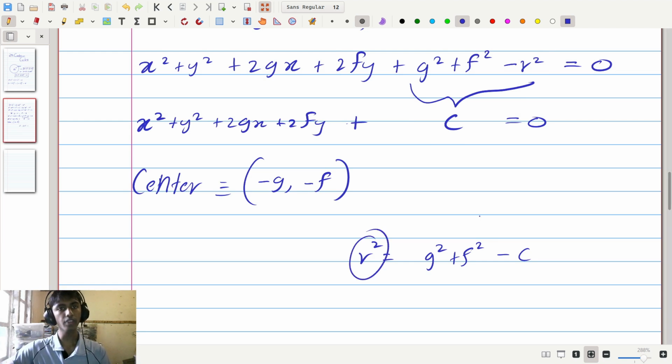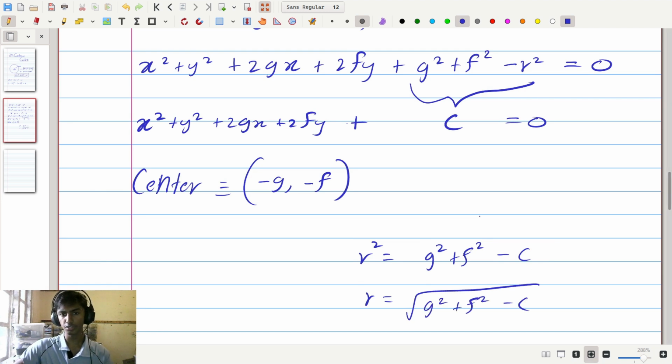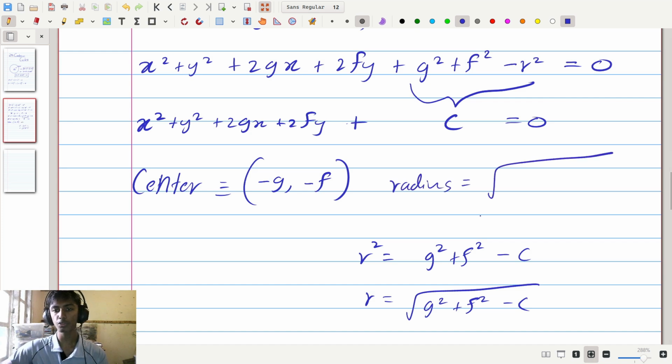Now then, since r is a positive value and we would expect for a normal circle this thing to also be a positive value, we can say that r must be equal to the square root of g squared plus f squared minus c. So then, according to this, the radius of the circle, which I'm going to write down as radius, is equal to the square root of g squared plus f squared minus c.